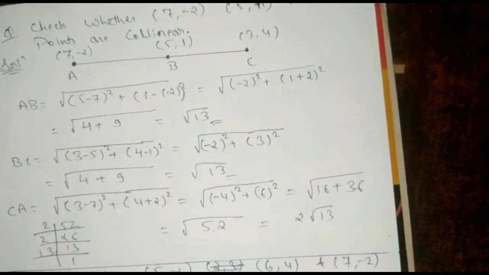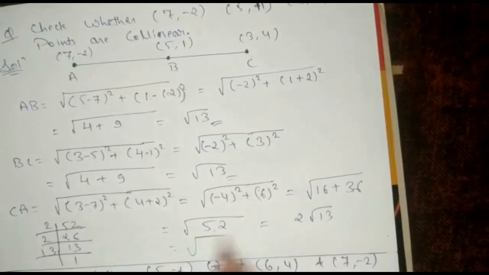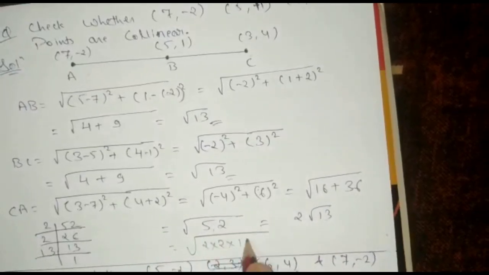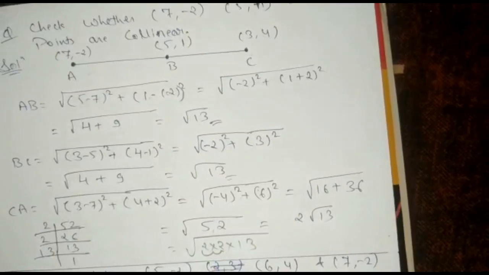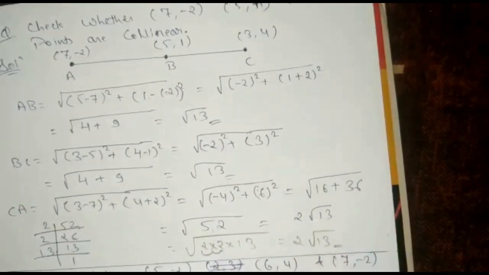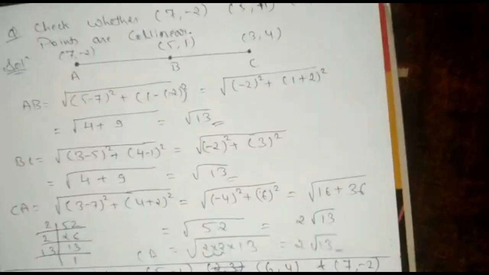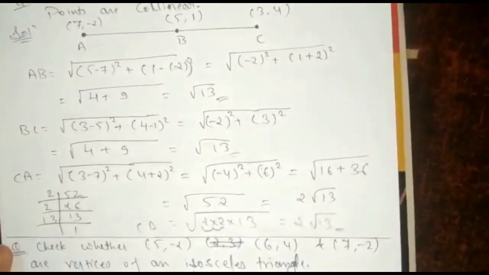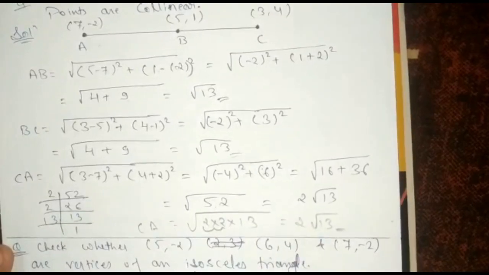So 2 into 2 into 13 is 52, so root of 2 into 2 into 13. One pair will be taken out, so it will become 2 root 13. So CA will be equal to 2 root 13.